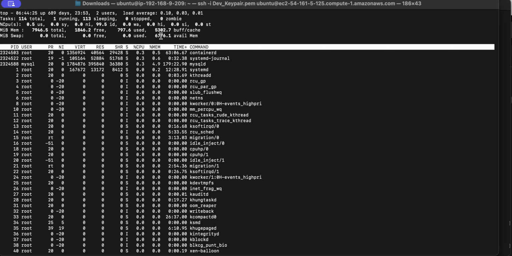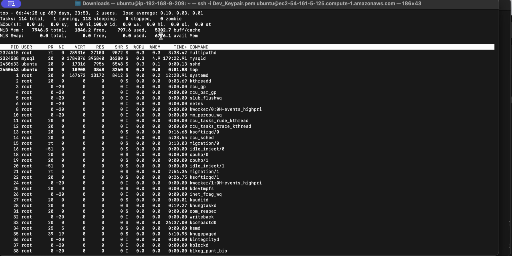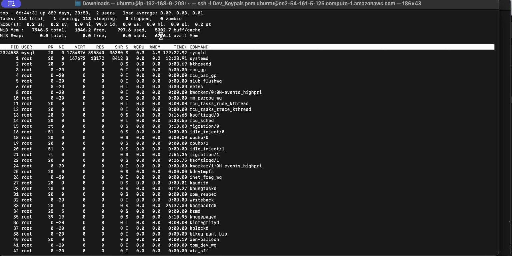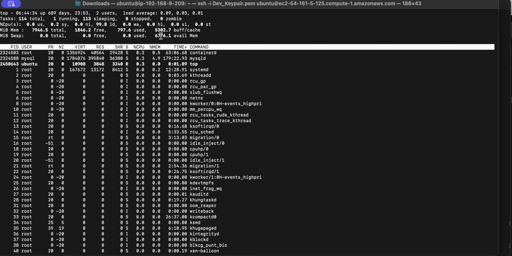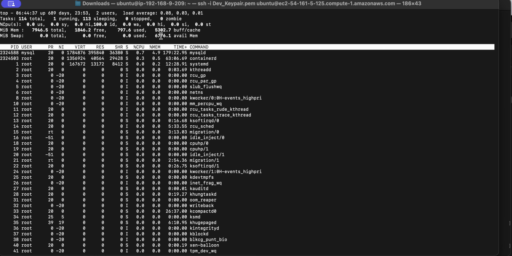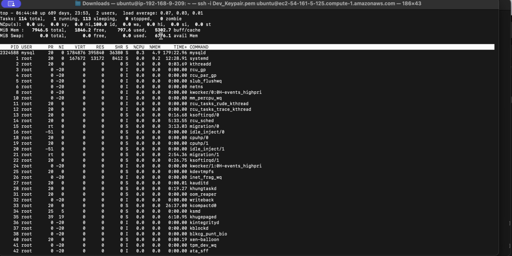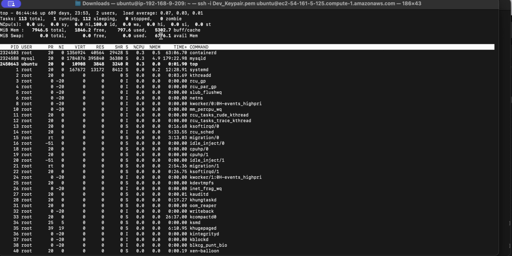If you have to run some application in your swap memory, then you will need to attach this much disk; you need to define this much disk.